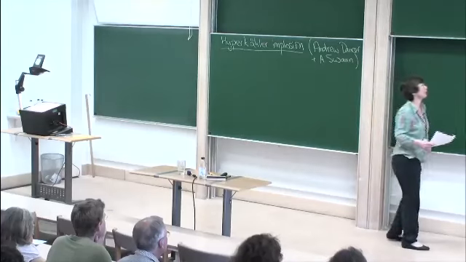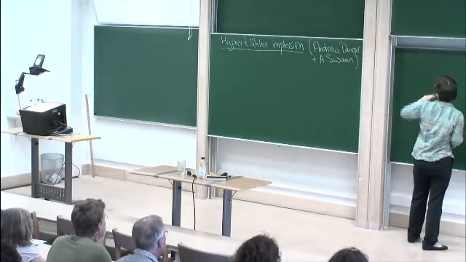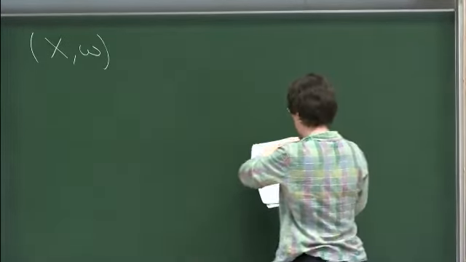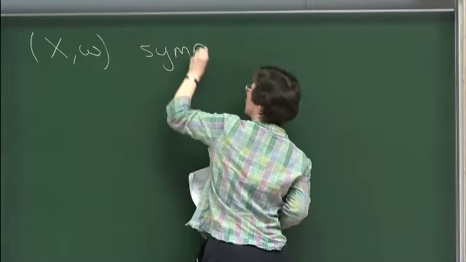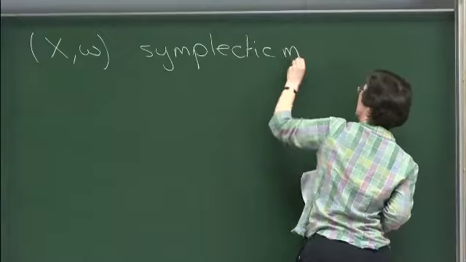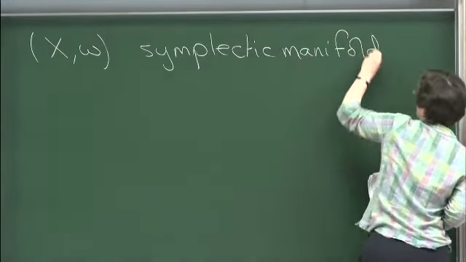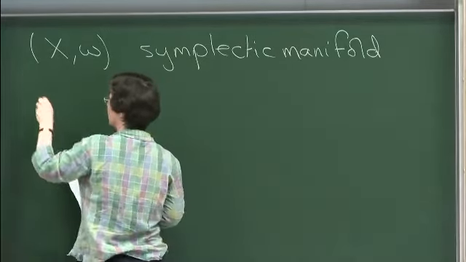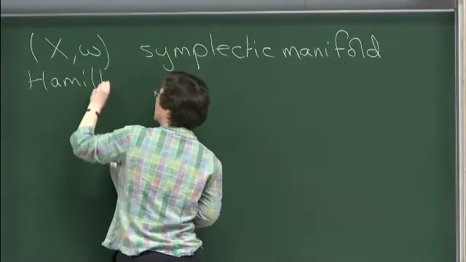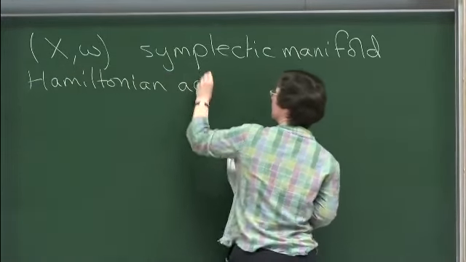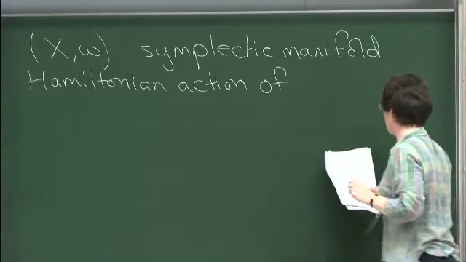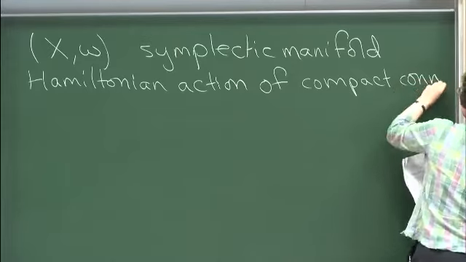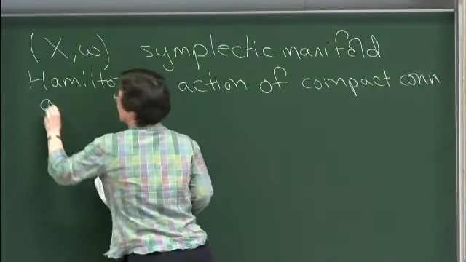let's set up the ingredients. I want to have X, a symplectic manifold, with a symplectic form omega, a closed non-degenerate 2-form, and I want to have a Hamiltonian action of a compact and probably connected group K, so that's not going to be very important.